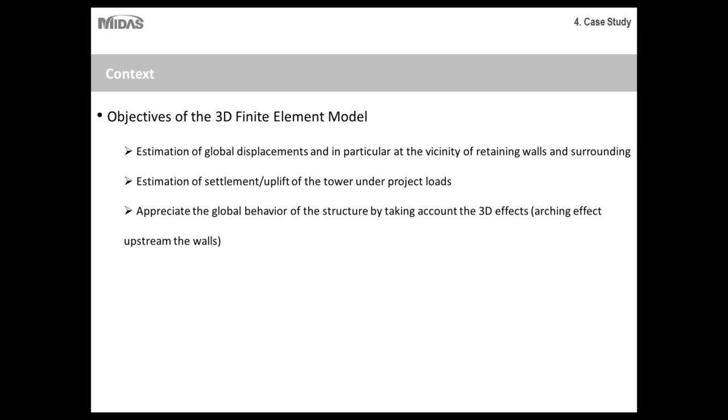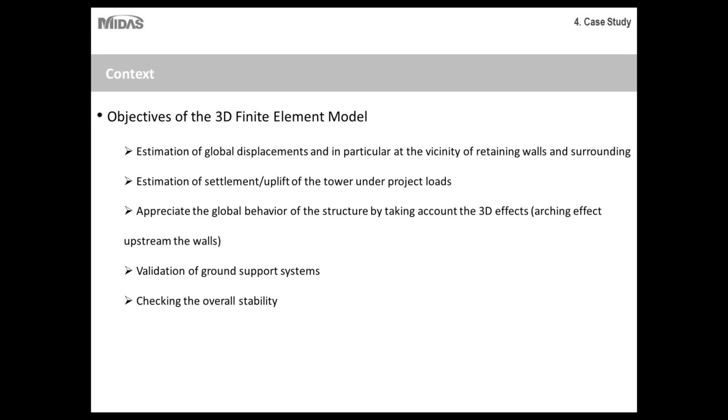They wanted to appreciate the global behavior of the structure by taking into account the 3D effects like arching effects and the upstream of the walls. They had to validate all the different types of ground support systems they were using, to see if they are working as expected or not. And then they had to check the overall stability.